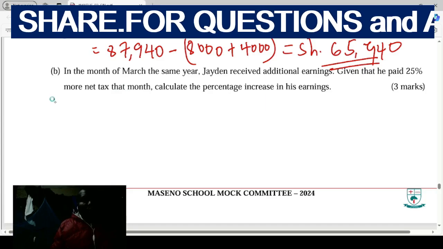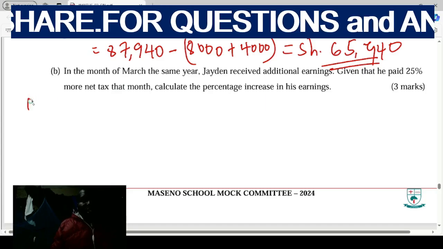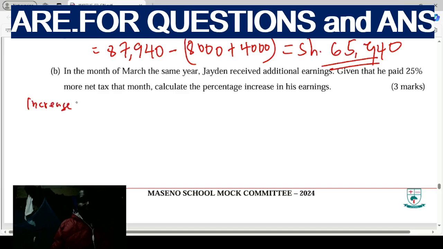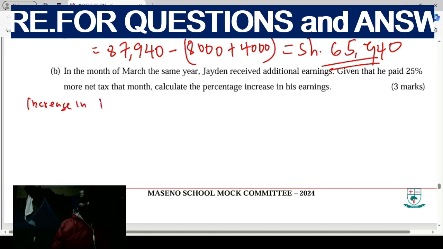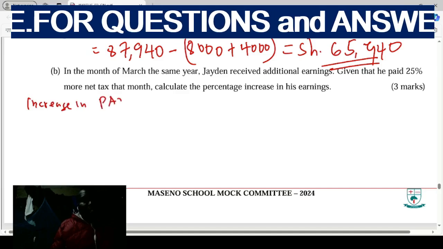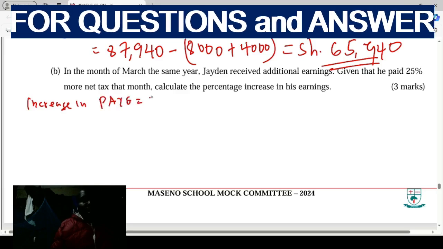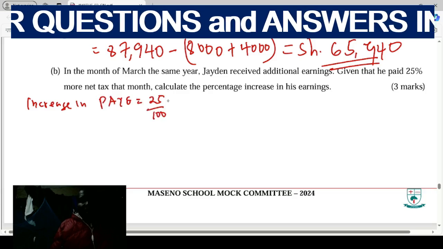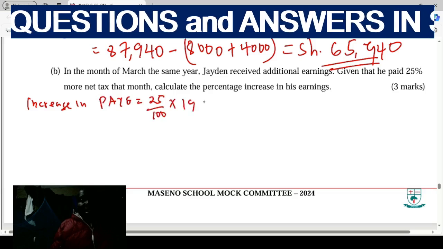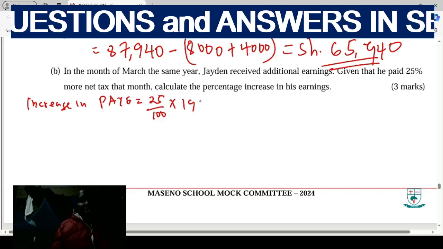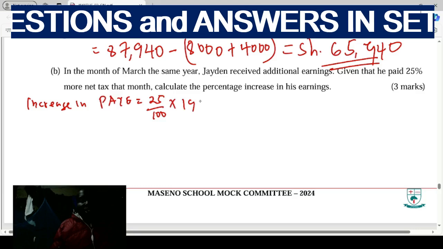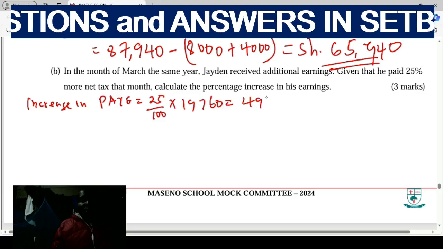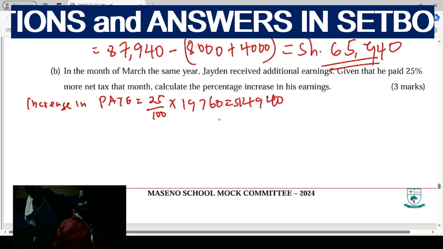So increase in pay will be equal to 25 over 100 times the initial 19,760. So itakuwa ni 4,940.